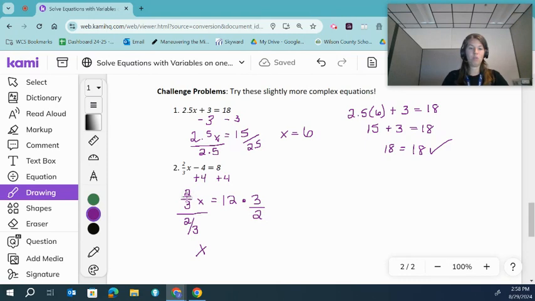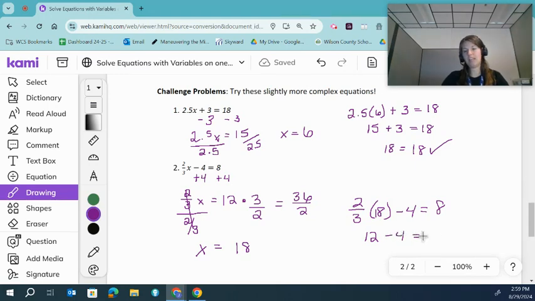Okay, that's going to leave me with 1x equals 12 times 3, 36, divided by 2 gives me 18. Okay, so I take 2/3 times 18 minus 4 equals 8. Okay, well, 2/3 of 18 is 12, minus 4 equals 8. So this is correct. That is your quick review of solving equations.